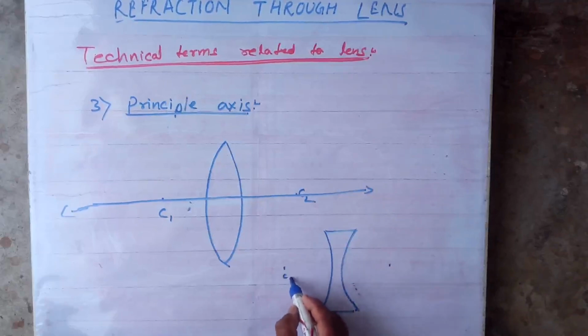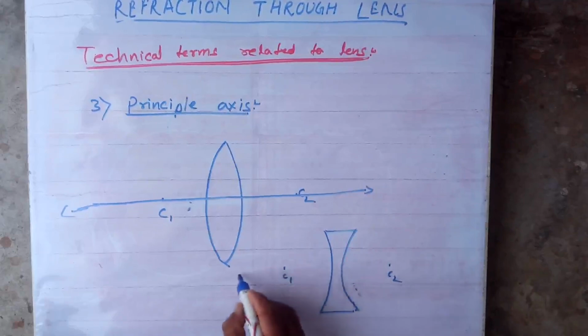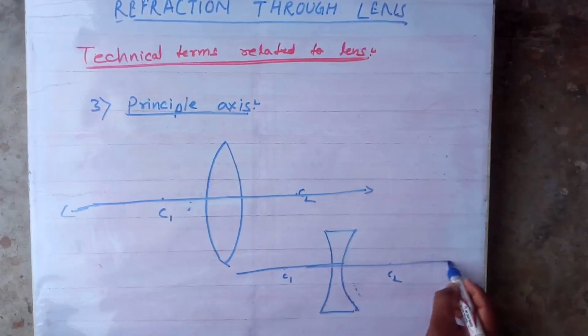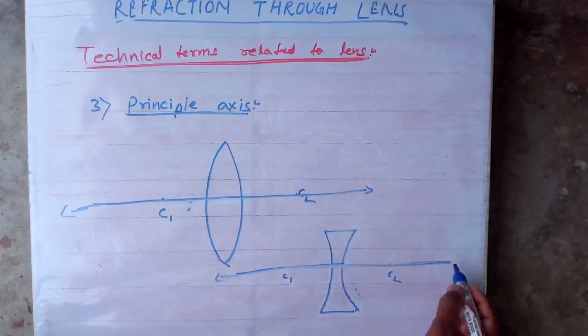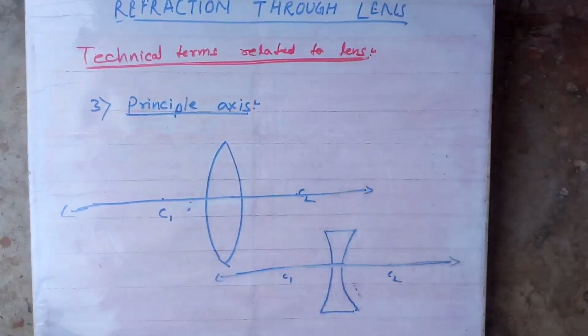These are the centers of curvature C1, C2. A line passing through both the centers of curvature, actually not joining, passing through both the centers of curvature, is called the principal axis. Are you clear? Okay.